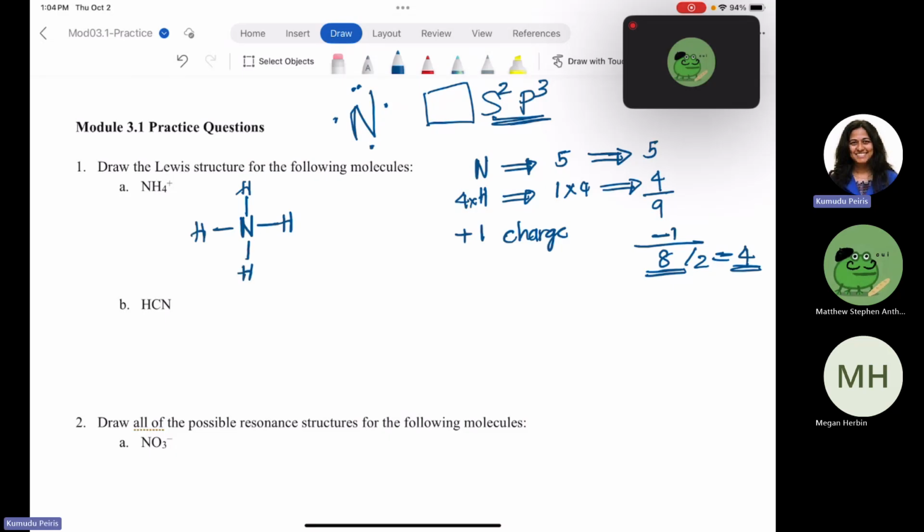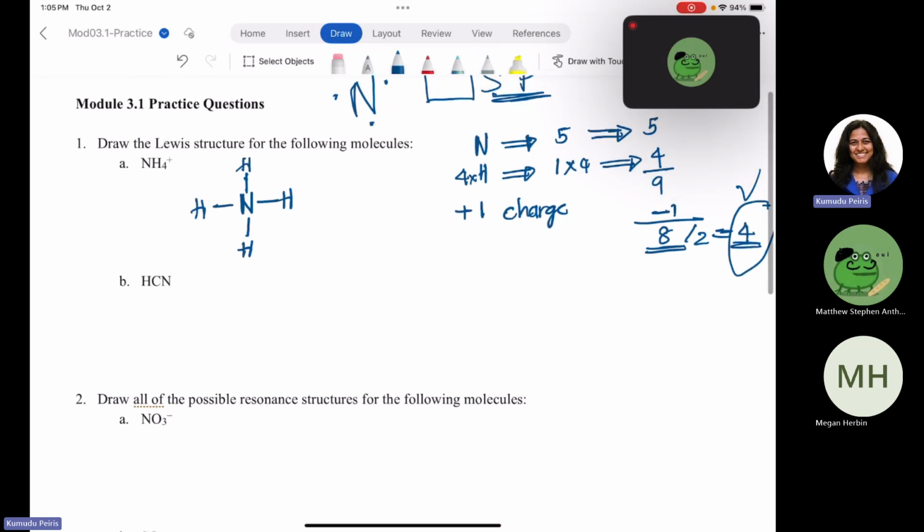Now we made the 4 bonding pairs, and that's correct, because one bond means one electron pair.